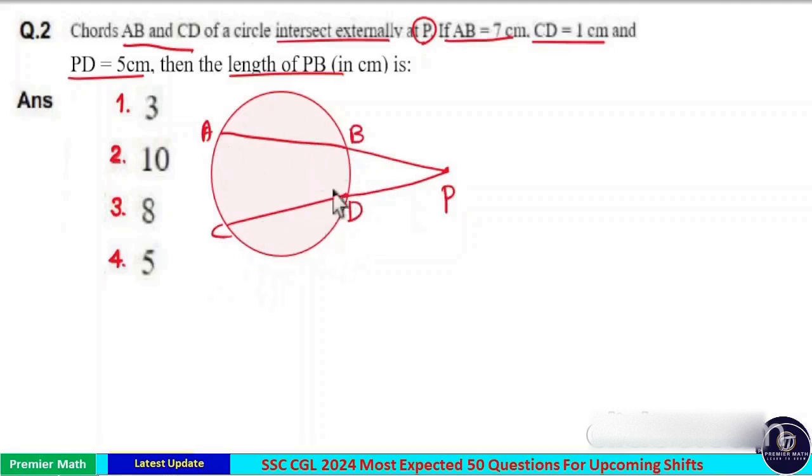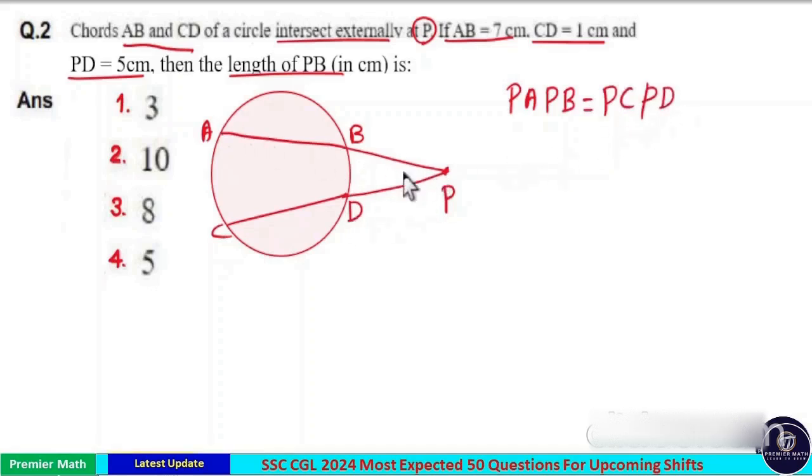When two chords of a circle intersect externally at a point, then the products of the lengths of their segments are equal. That is, here PA into PB is equal to PC into PD.